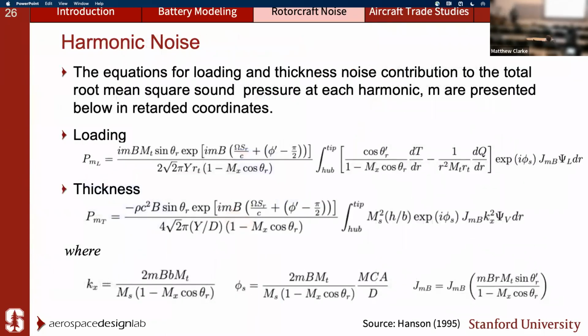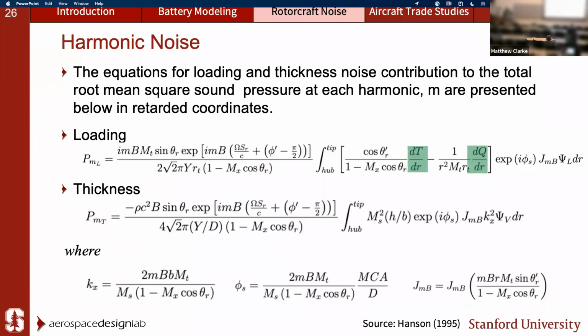aircraft. And modeling these components now, for the harmonic noise, we have the loading component and the thickness component. These are very long equations, so I'll just focus on the key elements of it here. We have theta r, which is essentially a function of the radiated noise of an aircraft moving in the air. As you can imagine, when an aircraft creates a sound, by the time the sound gets to the observer, the aircraft has already moved forward. So you really want to capture that angle.